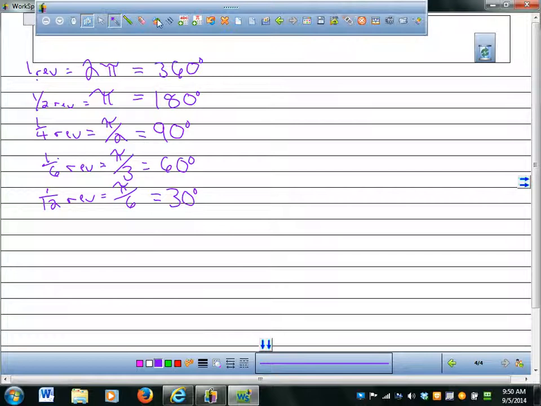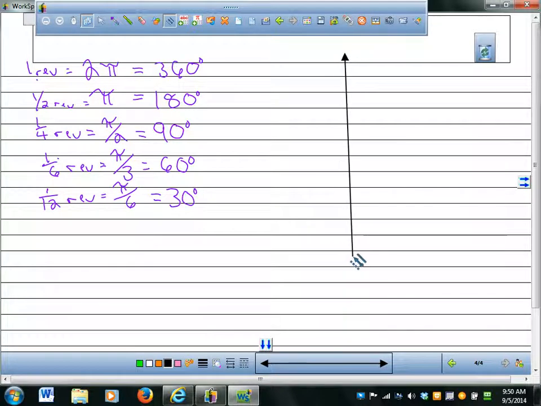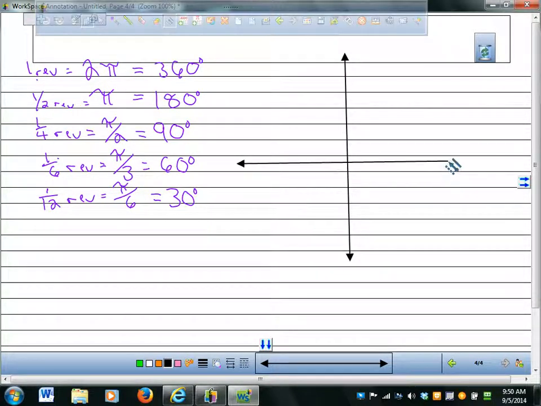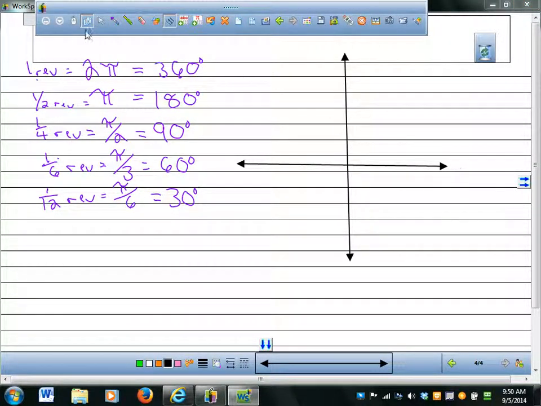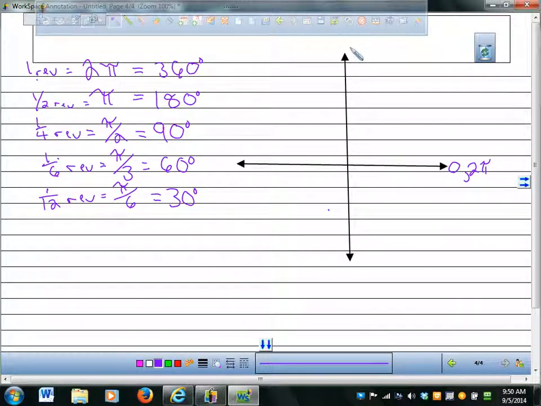And then when you label your axes in trigonometry, now that you're well versed, you want to start talking in radians rather than degrees, but I'll go back and forth. So this is 0 radians, but if I go fully around, it's also 2 pi radians. How many radians here? Pi over 2, right? 90 degrees.